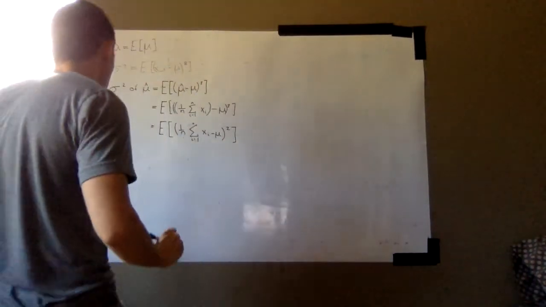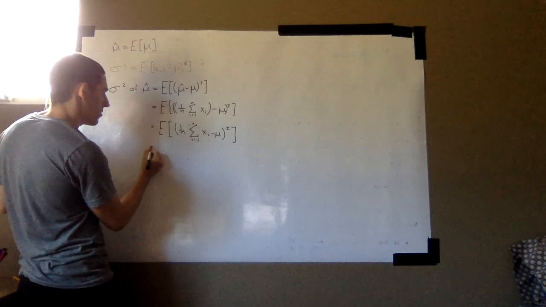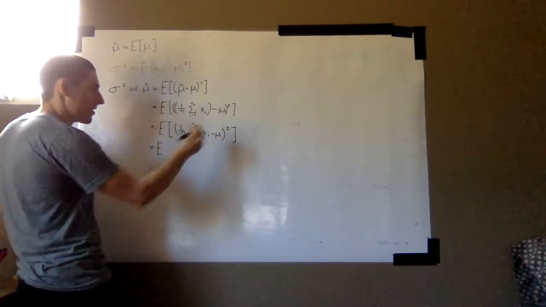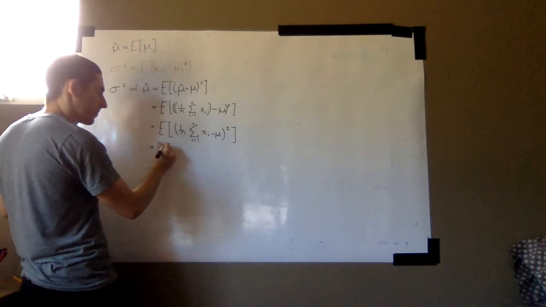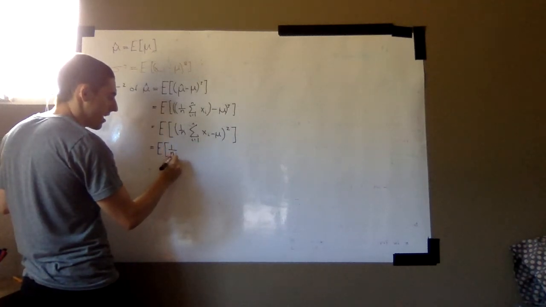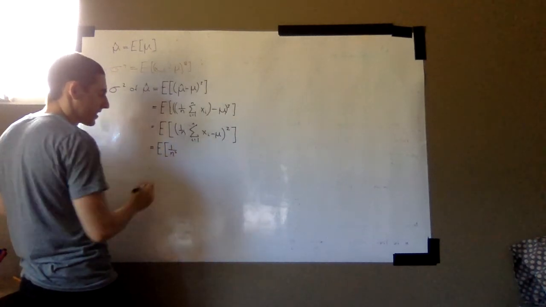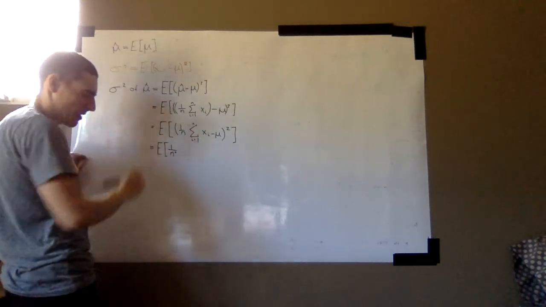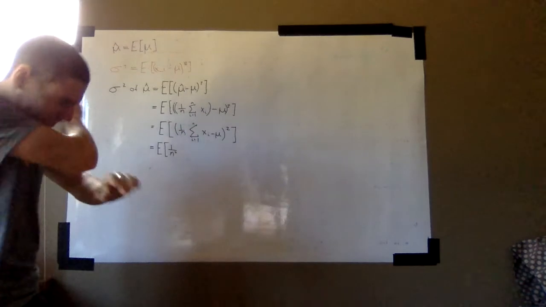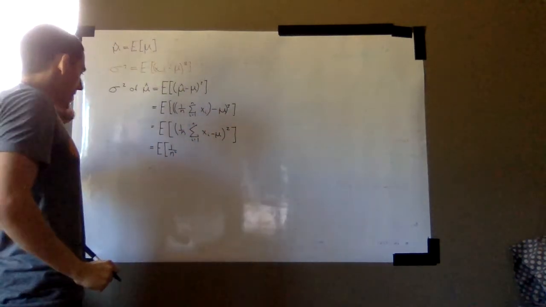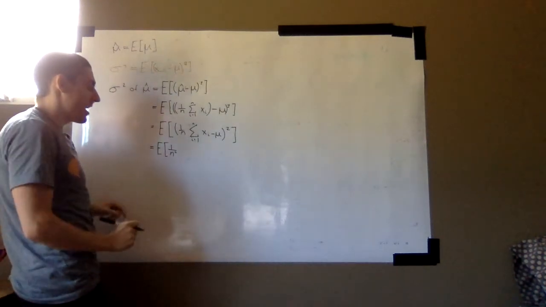So the next thing that we're going to do is distribute this squaring. So we're going to have 1 over n squared, because 1 times 1 is 1, and n times n is n squared.